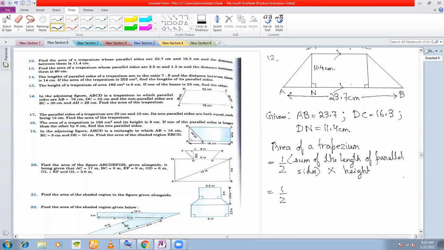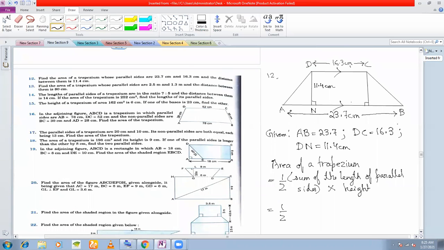And what are the parallel sides here? The parallel sides here are AB and DC. So the sum of the lengths of the parallel sides will be AB plus DC, because these two are the parallel sides of the trapezium.